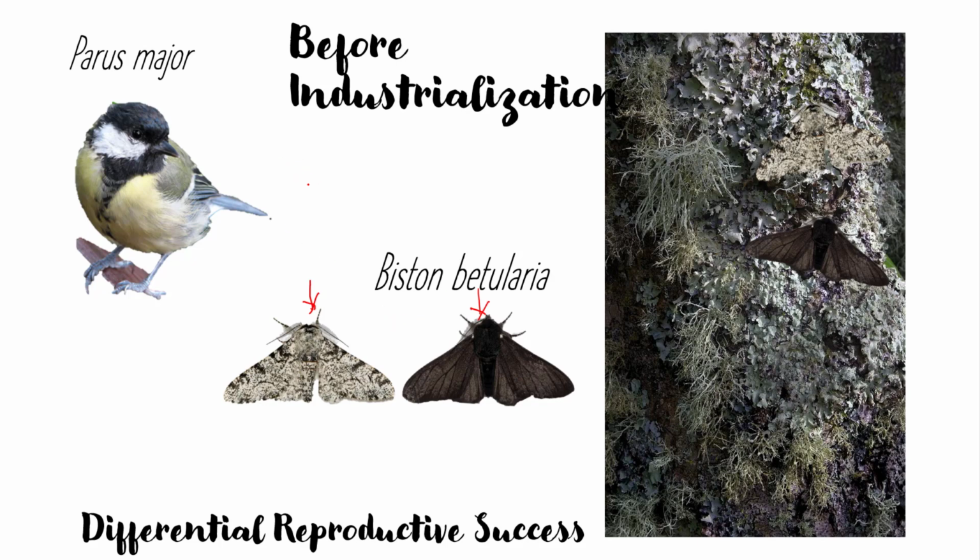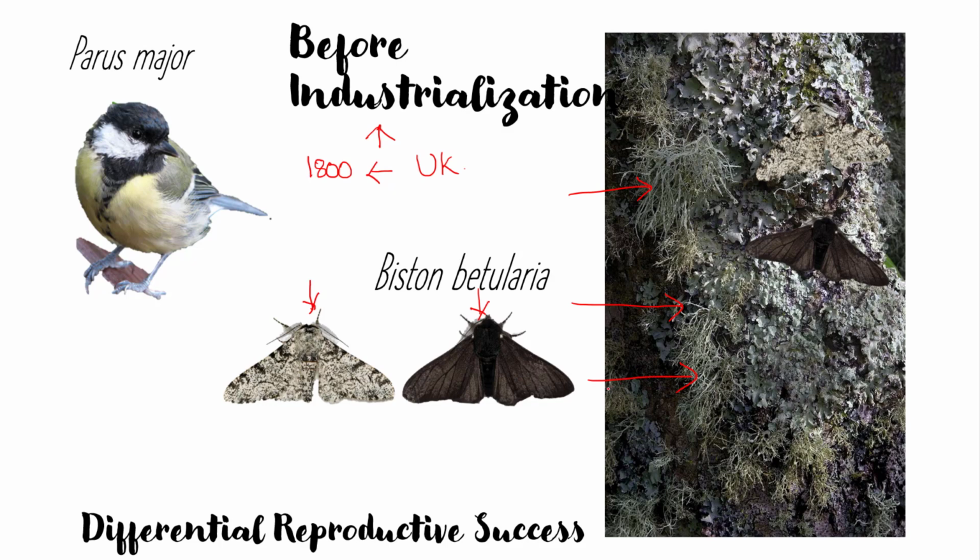Before 1800, in the sense before the industrial revolution in the UK, the tree trunks were densely covered with lichens. You can see different kinds of lichens, fruticose, crustose and others, covering the trunks.